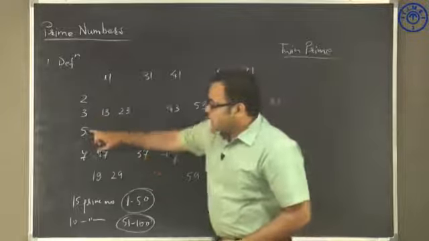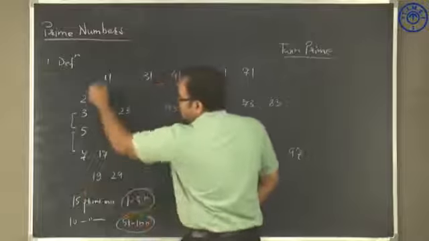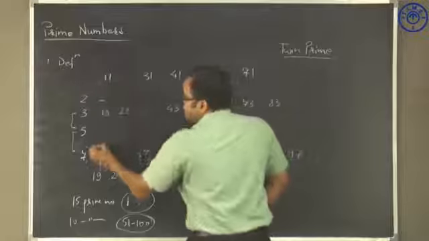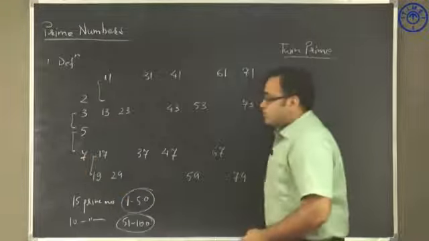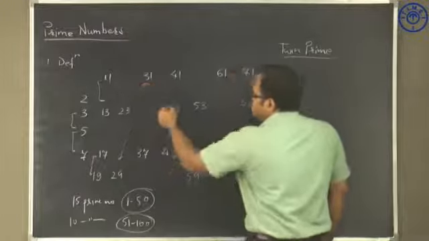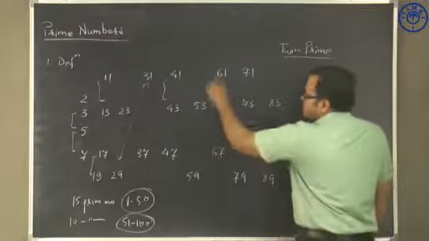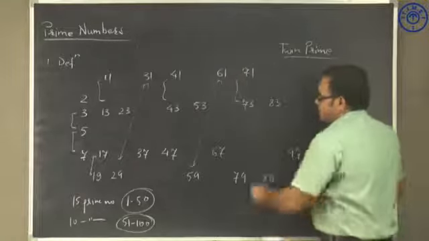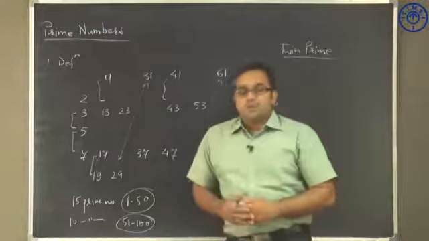For example, 3 and 5, these are twin primes. 5 and 7, twin primes. 7 and 11 are separated by 4, they are not twin primes. 11, 13, twin primes. 13, 17 are not twin primes. 17 and 19, these are again twin primes. 29, 31, these would be twin primes. 41, 43 would again be twin primes. 59, 61, again twin primes. 71, 73, again twin primes. So, these would be the twin primes from 1 to 100.